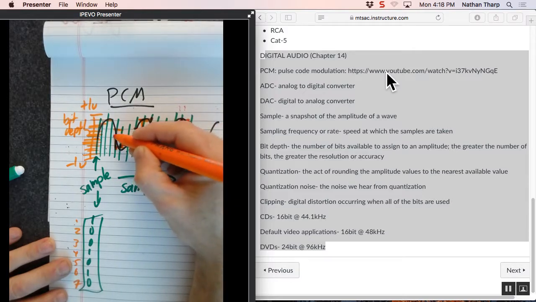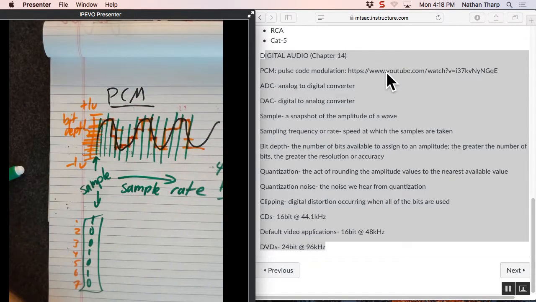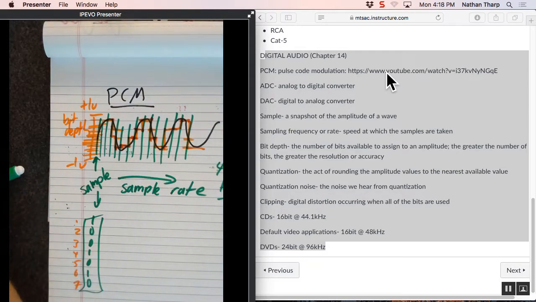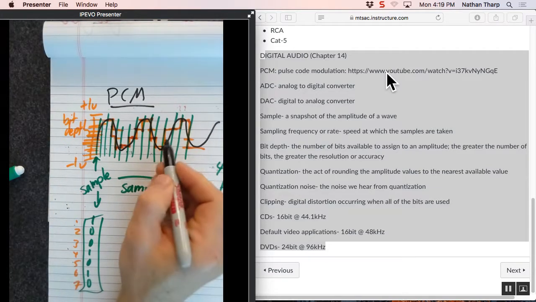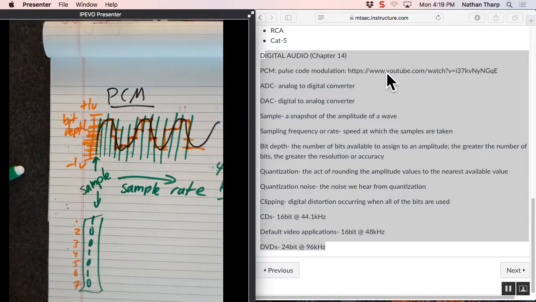It's missing a whole bunch right there. You see that? My orange line is not matching my black line exactly because it's having to round off. I don't have a sample right here. That's in between the green lines. I don't have a bit right here. It's in between the blue lines. Does that make sense? Okay.